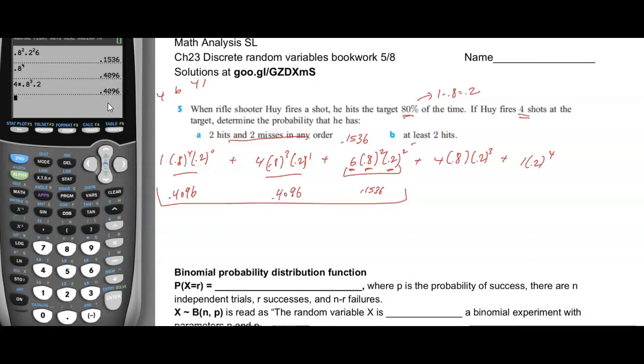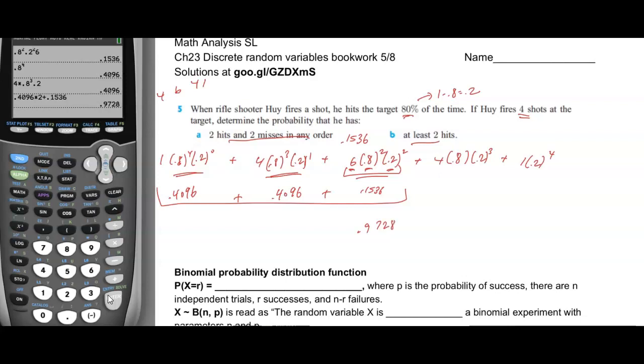So if I want the probability of at least 2 hits, I would add these 3 together, because it would be 4 hits, 3 hits, and 2 hits all added together. So I have 0.4096 twice, and I add that to 0.1536, which gives 0.9728.